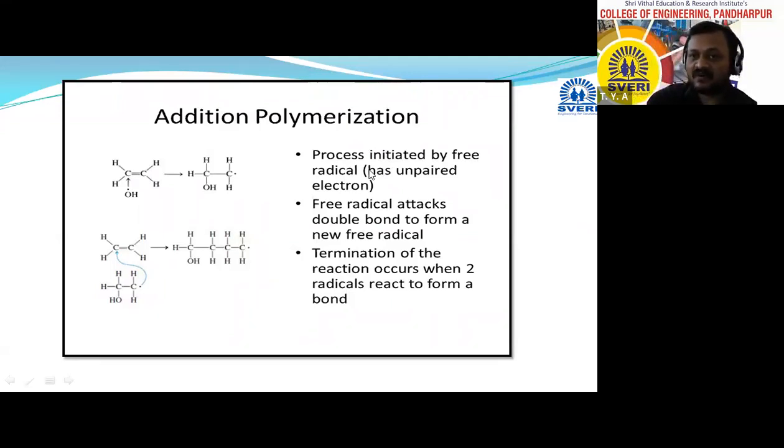For occurrence of this initiation process, free radical formation will occur first. Okay, just remember the names. I will explain it with another PPT. First step is initiation, then propagation and termination.